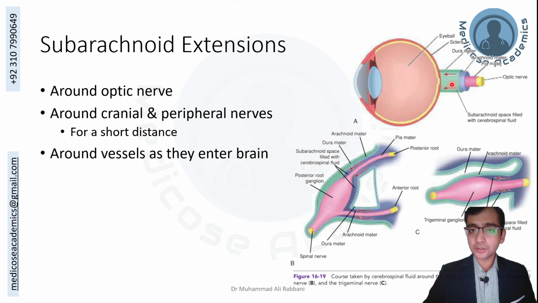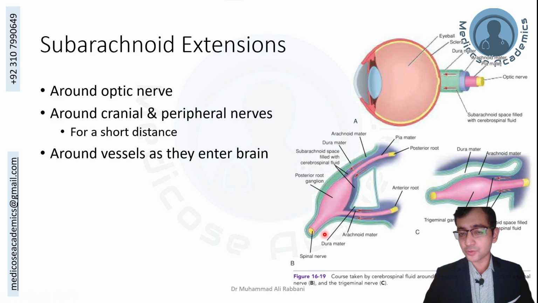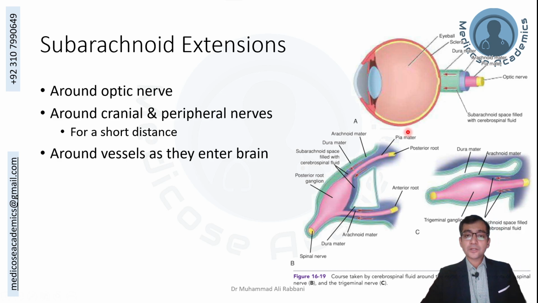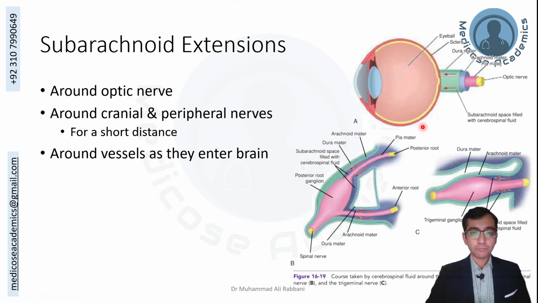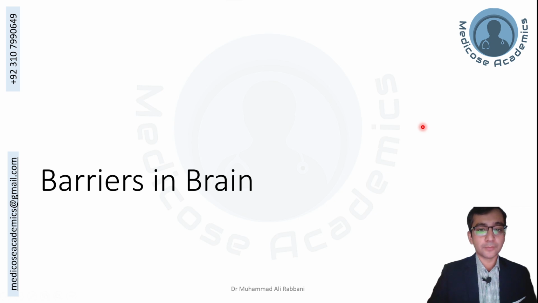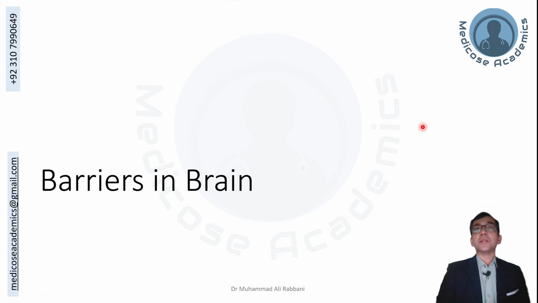For all other spinal and cranial nerves, it follows for a short distance, fusing with the epineurium and perineurium of the nerve, and the fluid ends there. It also follows the arteries as they dive into the brain tissue, up to the barriers of the brain.